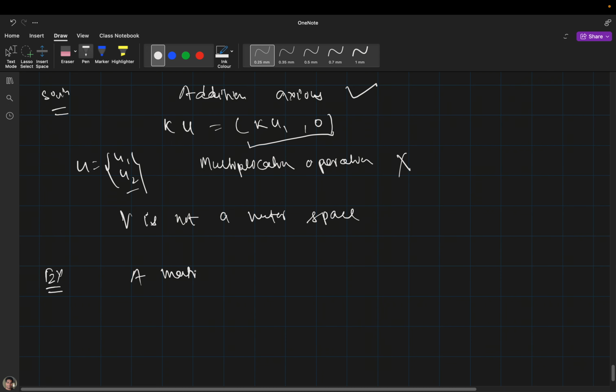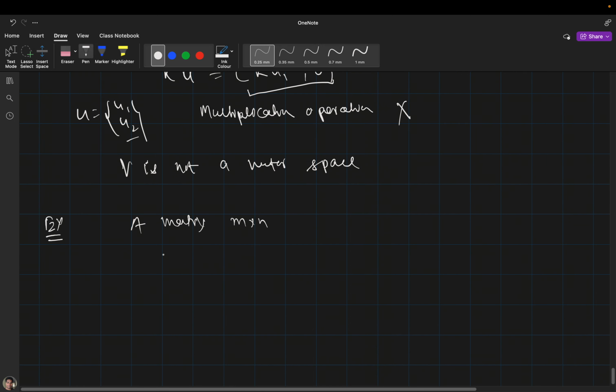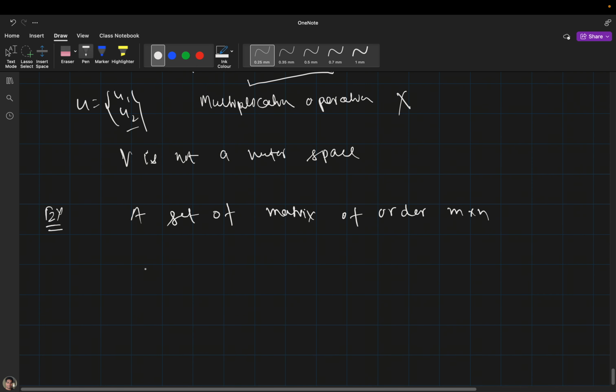A set of matrices of order m by n. Is it a vector space? Yes.